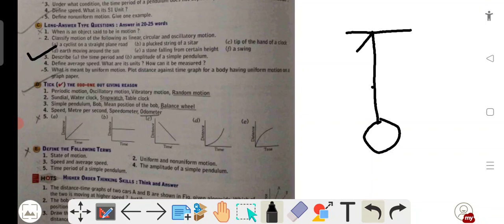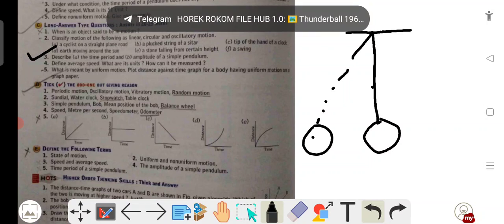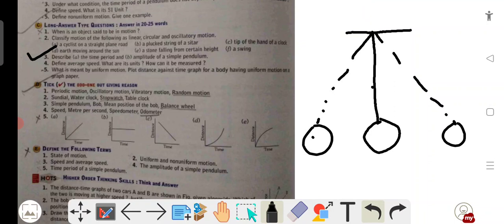So what is one complete oscillation? If this position is B, this is A, and this is C, then one complete oscillation means from B to C and back to B. The time taken is called one oscillation.